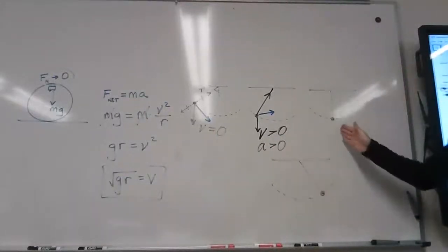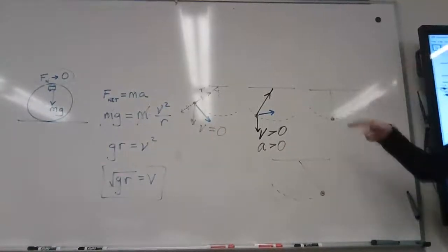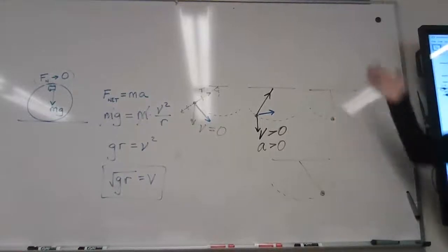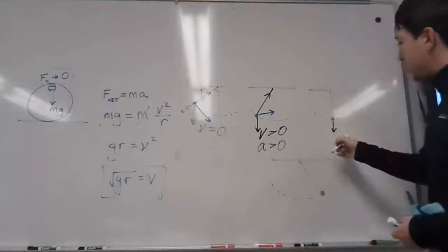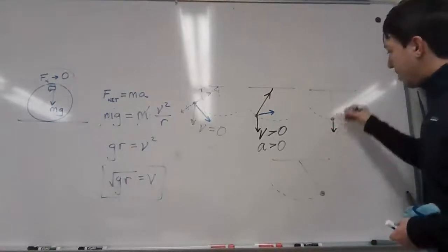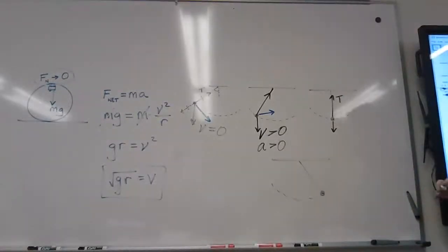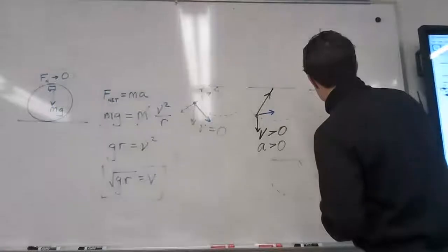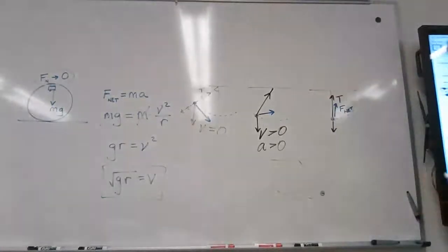Now this is the simple one. 95% of the time when we do physics about circular motion, we're talking about this scenario, something being at the bottom or the top of a loop. So here it's much easier. You can say, okay, this is gravity. Obviously tension has to be bigger than the gravity vector, and so the net force points up, points radially.